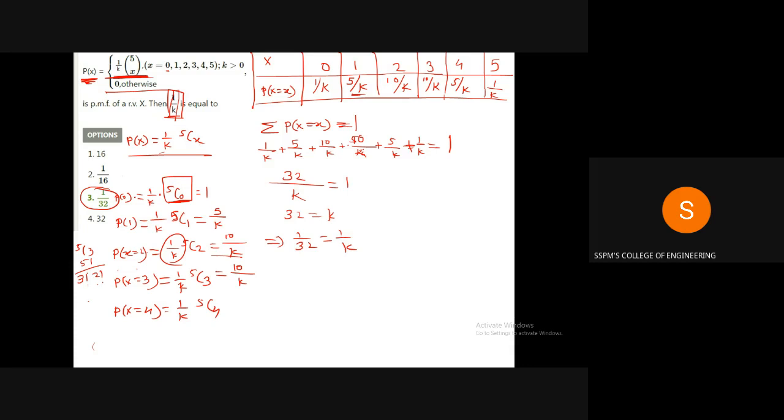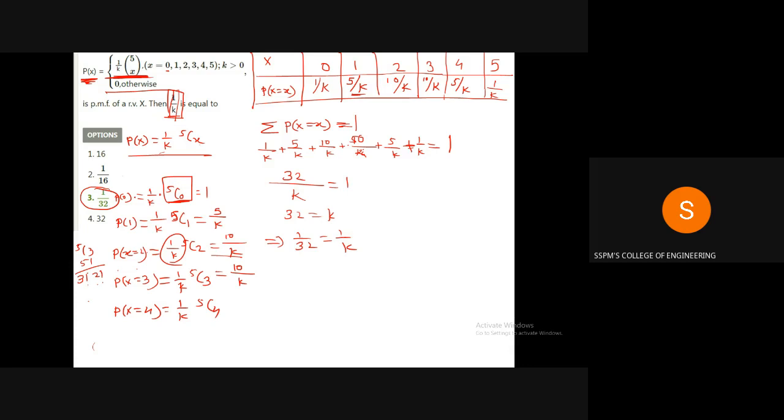Next question. So the probability mass function of a random variable is given here. p of x is equal to 1 by 13 for x is equal to 1 up to 13, and it is 0 otherwise. So now we have to calculate E of x.